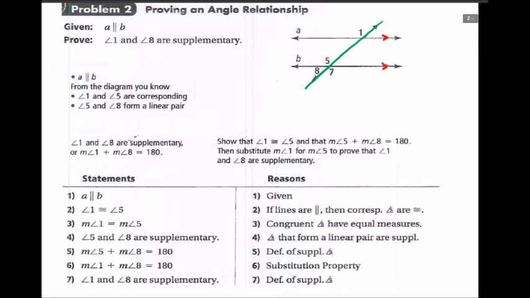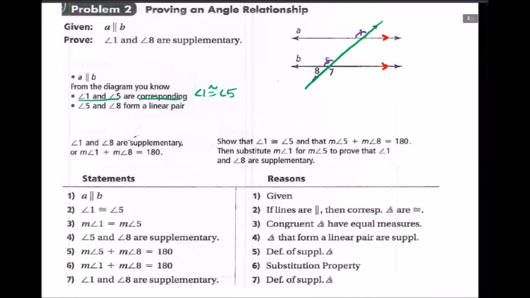Well, what do we know? We know that angle 1 and angle 5 are corresponding angles. So we're going to have angle 1 is congruent to angle 5, right, by our corresponding angles postulate. We could mark those. 1 and 5 are congruent.